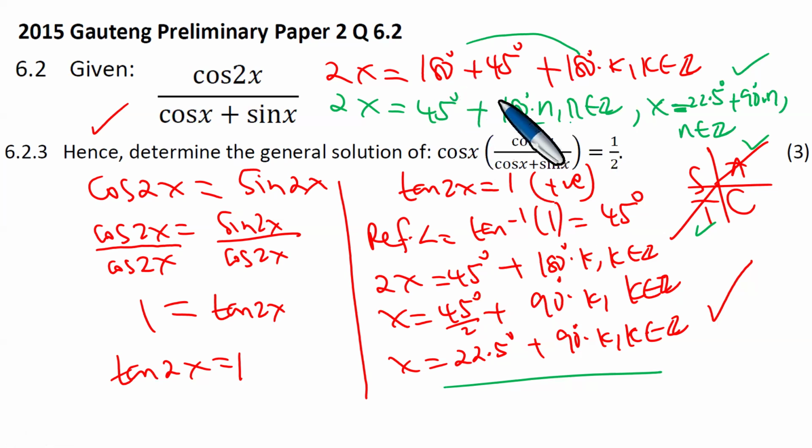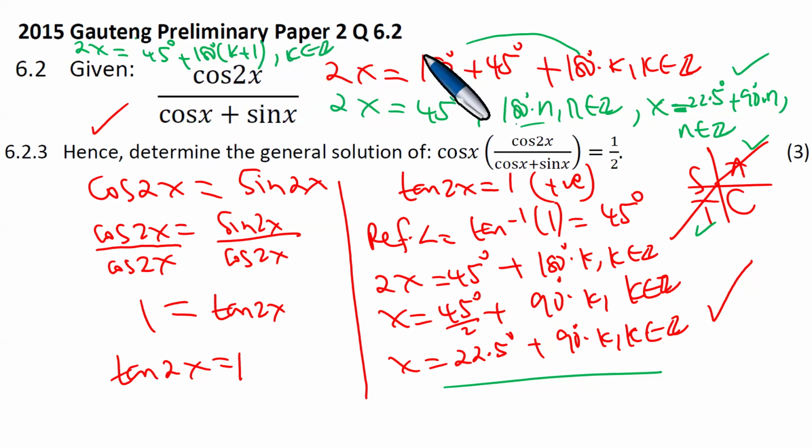Okay, but where is the n coming from? Another student can ask. You have 2x equals 45 degrees from this, and then you have 180 and 180 here: 180 degrees, k plus 1, k in the integers.